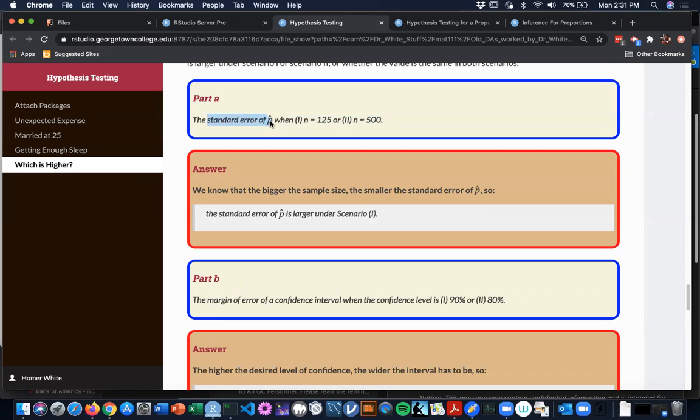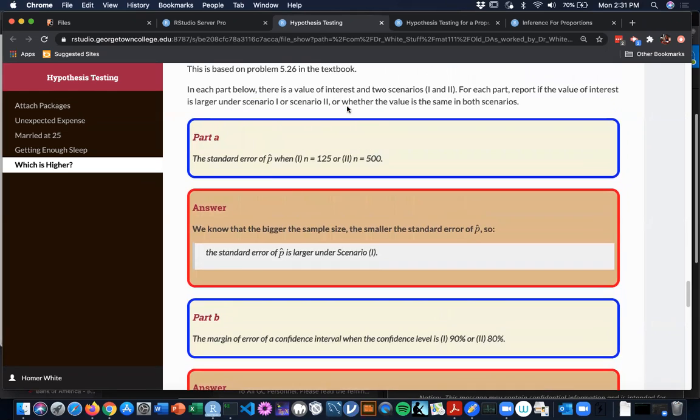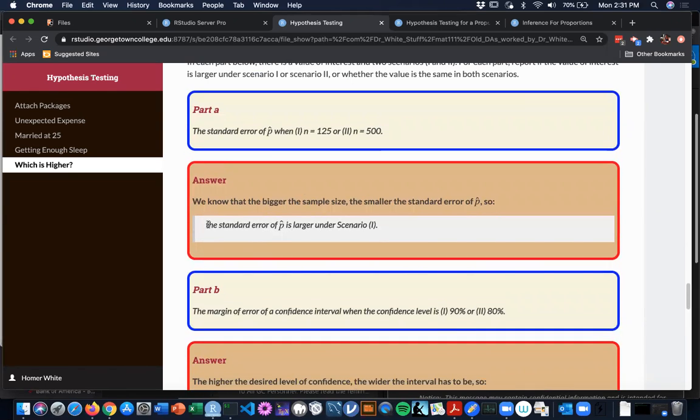Like standard error of the sample proportion. Is it bigger for this smaller sample size or this bigger sample size? But we know that when you increase the sample size, you're making the n bigger in the fraction for the standard error. You're making the standard error smaller. So I'm asked which scenario makes it bigger.